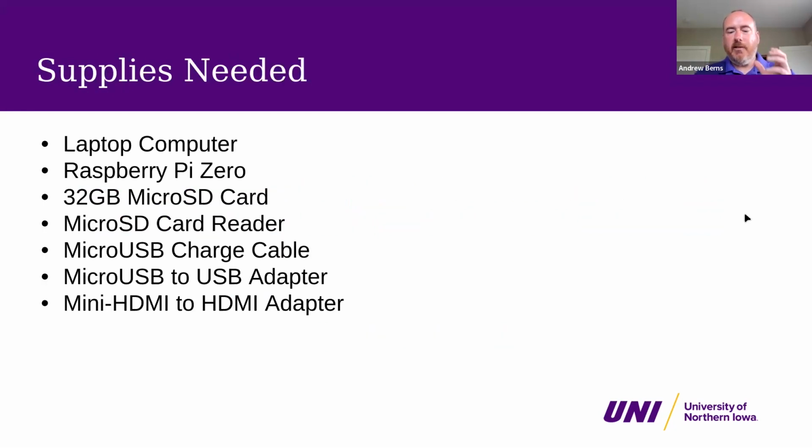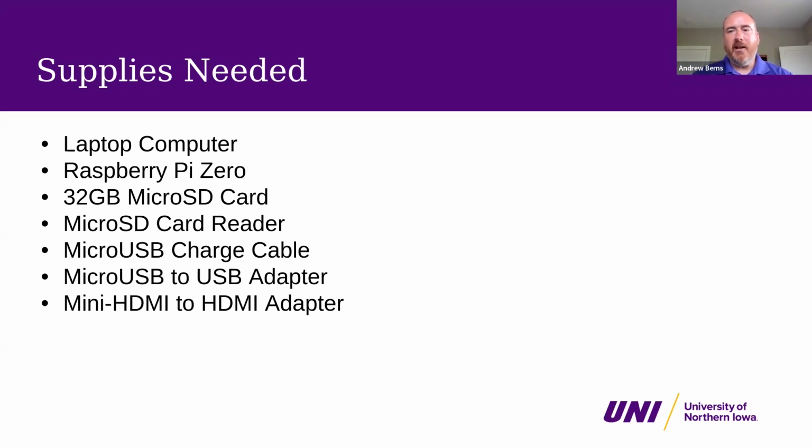The supplies needed. So you've gotten the supply list. Just repeating, a laptop computer to connect over SSH. We asked for a Raspberry Pi Zero. I have a few here if you want to see them. A Raspberry Pi Zero is a low-cost single board computer, and we'll use that as our host for our data.